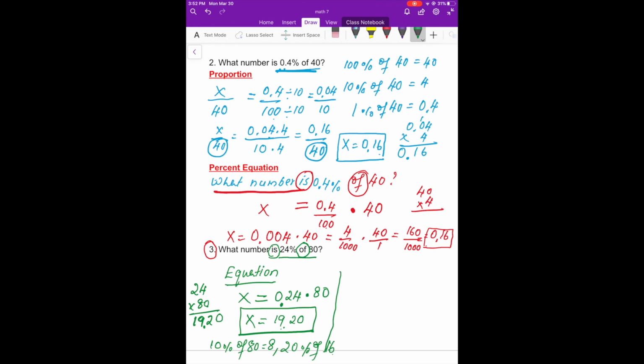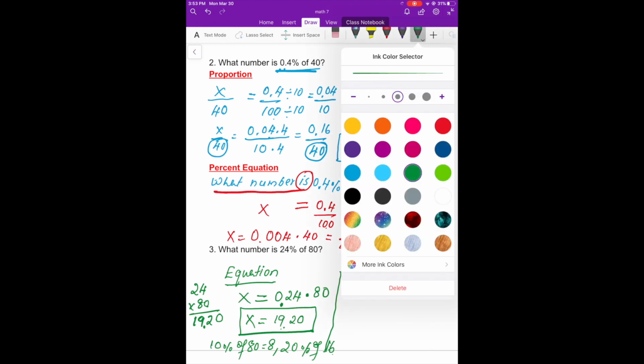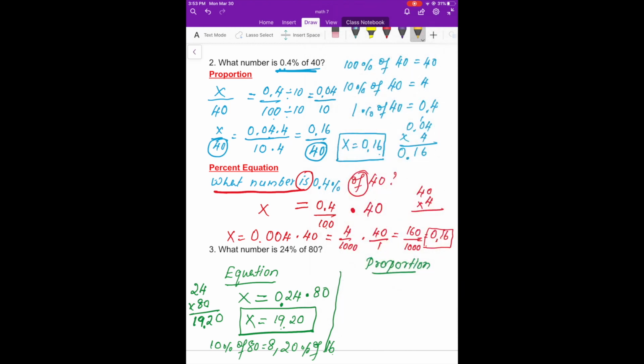So let's do the next method and see if we are getting the same answer, which is the proportion method. So for proportion, you need two ratios. One ratio we already know, which is 24 over 100.